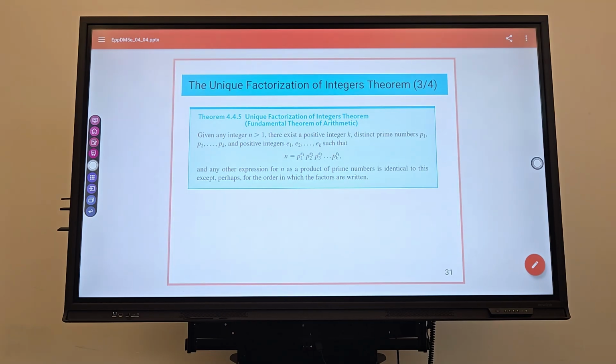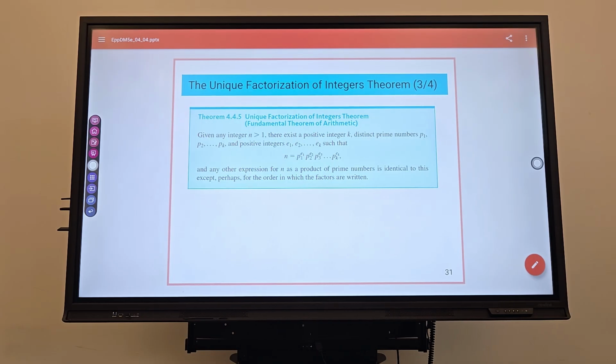Unique factorization of integers theorem. Given any integer n greater than 1, there exists a positive integer k, distinct prime numbers p1, p2, p3, etc. to pk, and positive integers e1, e2, etc. to ek, such that n equals p1 to the e1 times p2 to the e2 times p3 to the e3, etc. to pk to the ek.